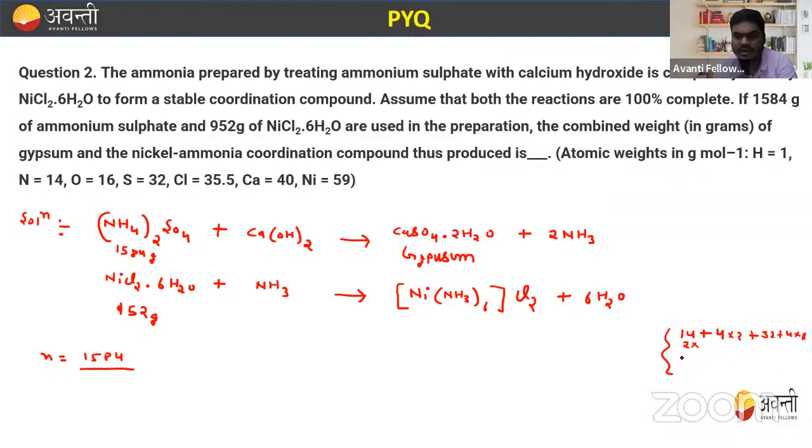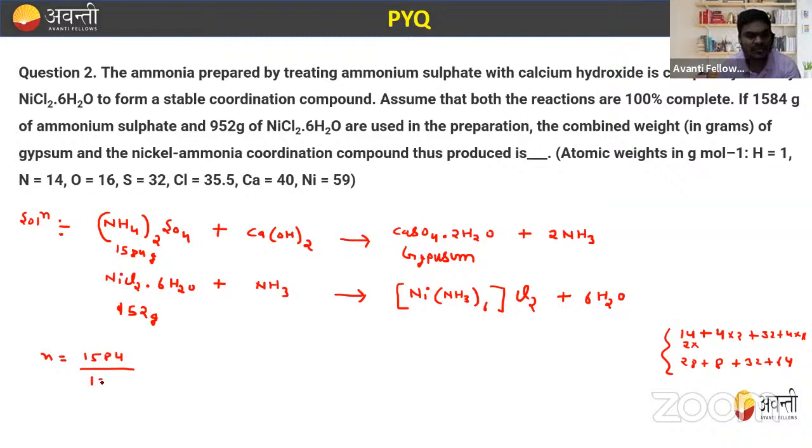On solving, it comes out to be 28 plus 8 plus 32 plus 64. So just add all of them. What will you get, beta? When you add 28 plus 8 plus 32 plus 64, you get 132.